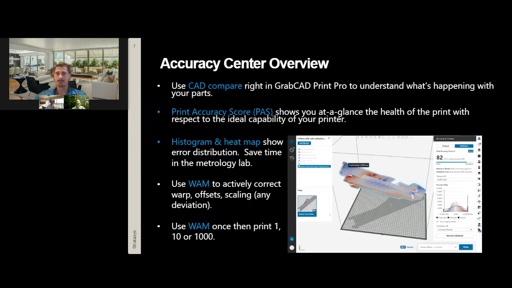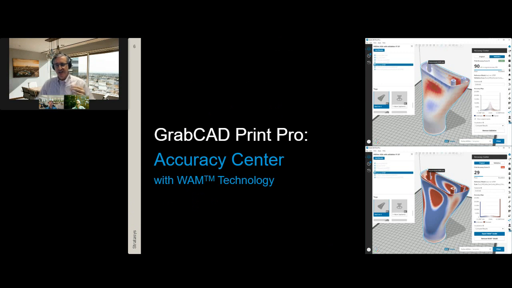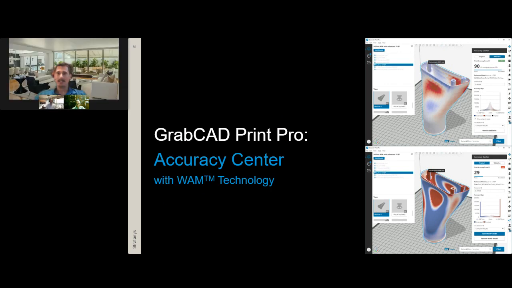Okay, good. All right, we answered that one then. Another question is, in the slide that you showed, there's a number score for each one of those. What does that represent? Yeah, so that's our print accuracy score. We take the capability of the system, so our published accuracy that we have in all of our machine spec sheets. If we have 100% of the points of the STL or the mesh file within that accuracy, your print score would be 100.